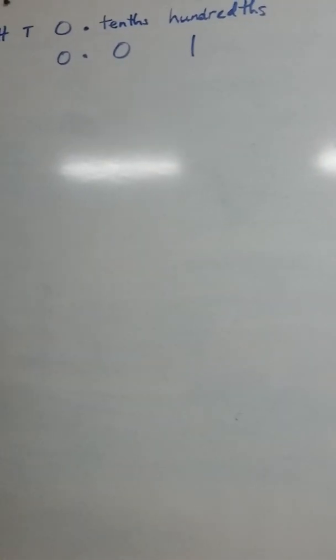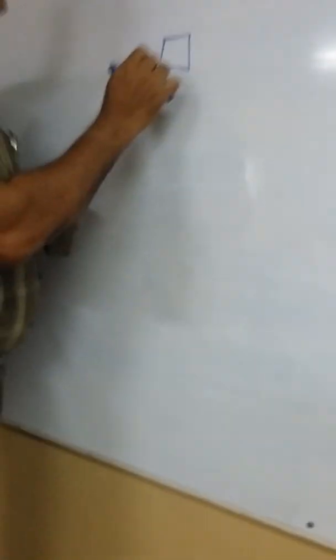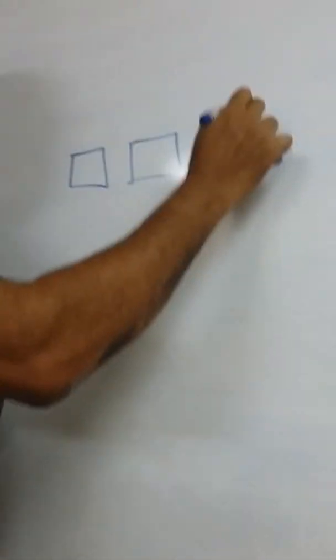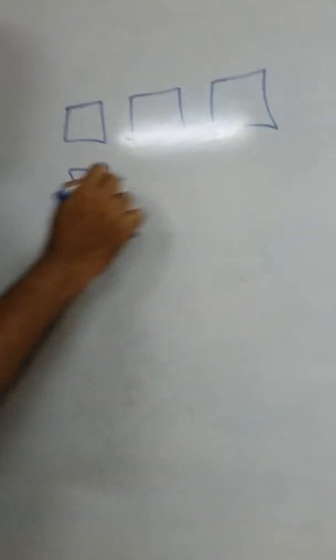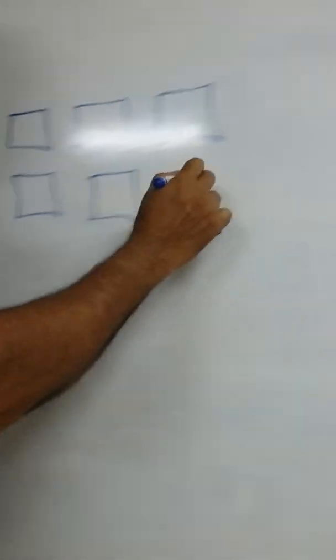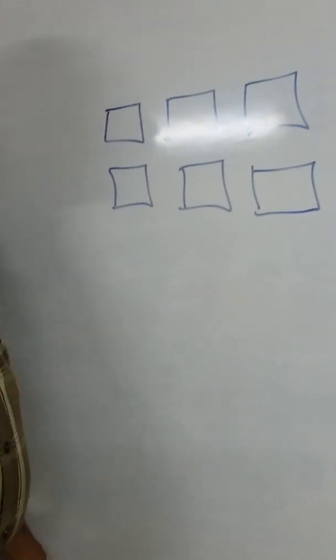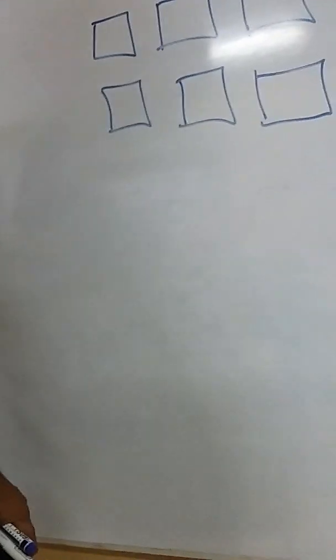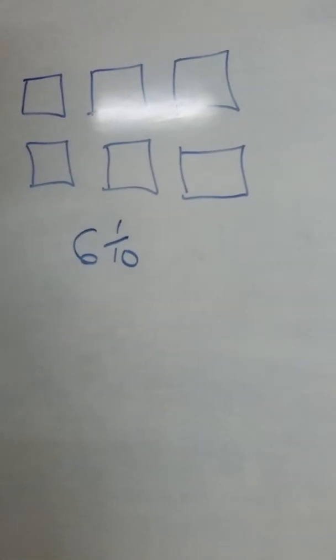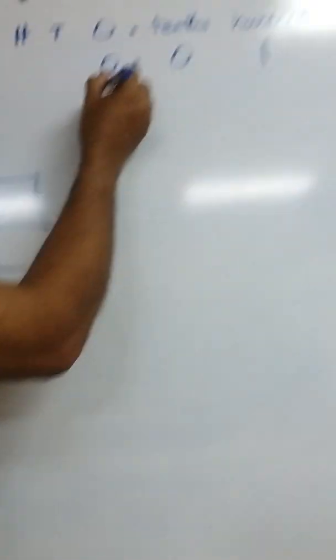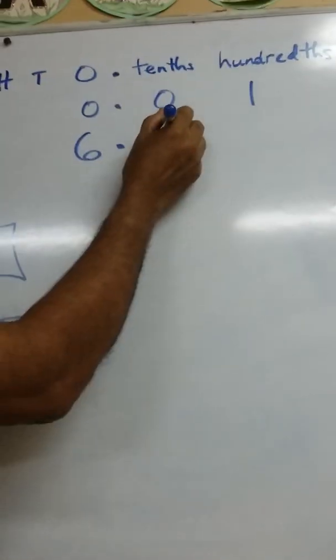And I'm sure this would remind you. Suppose I had 6 wholes, and next to my 6 wholes, I had 1/10. So I would call it 6 wholes and 1/10. So look at it. 6 wholes, 1/10.